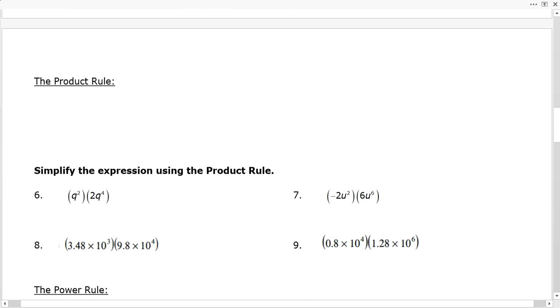Okay, the product rule says that when you're multiplying the same variable, a monomial, you add the exponents.